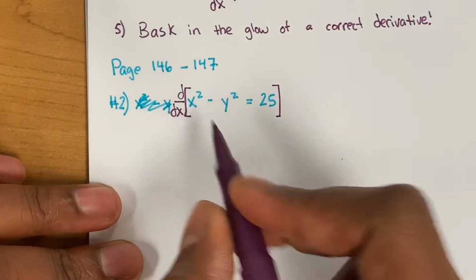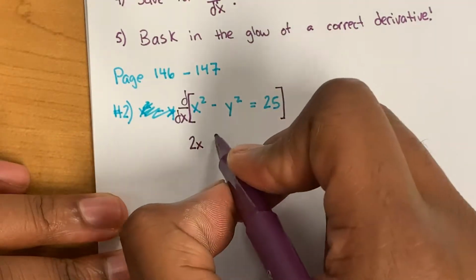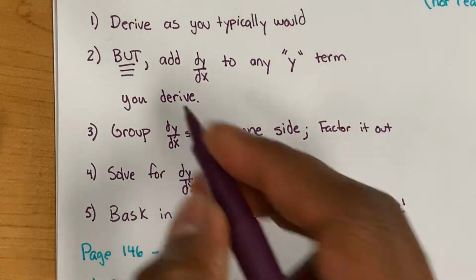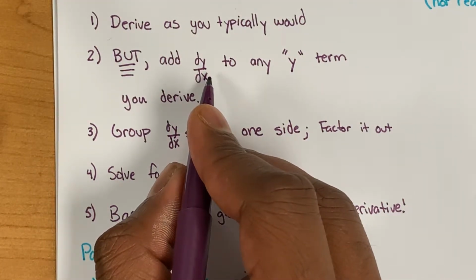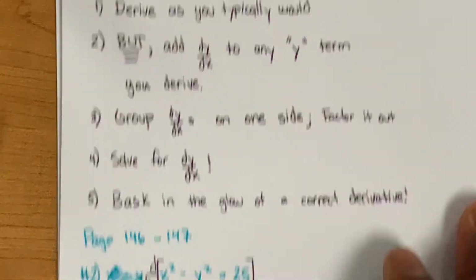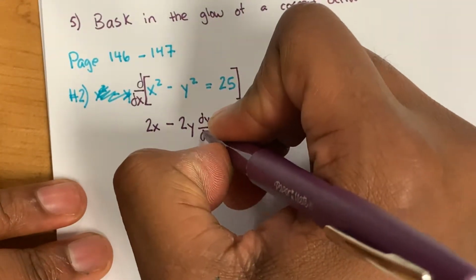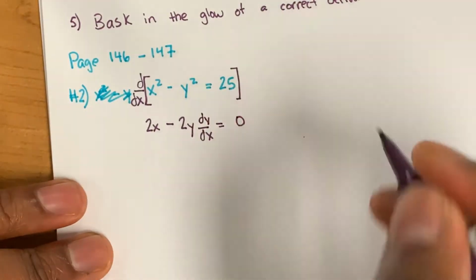So the derivative of x squared is 2x. The derivative of y squared is 2y, but going back to our steps, we add a dy over dx to any y term that we derive. So we're gonna have 2y dy over dx equals the derivative of 25, which is 0.